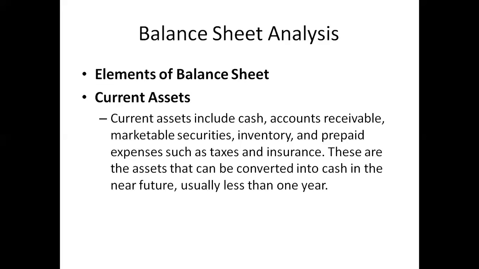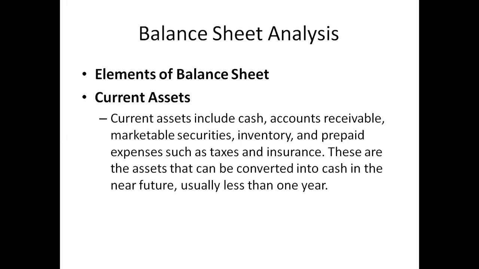Now, prepaid expenses, tax, such as you have paid, say, rupees 1 lakh tax as advance income tax, but however, for that particular year, your tax incurred is, as per your calculation, 70,000. So 30,000 taxes prepaid.